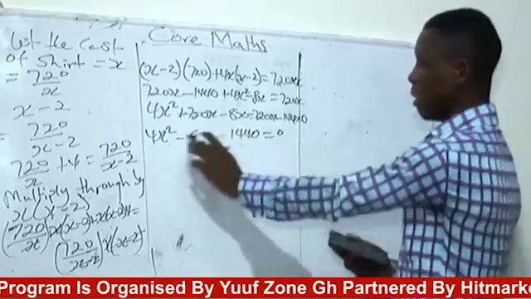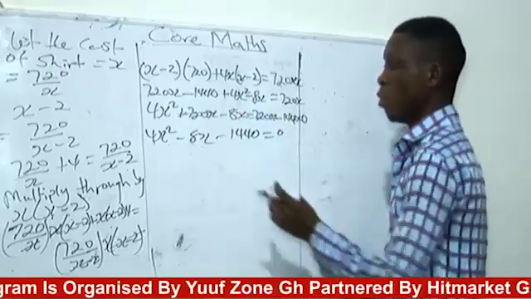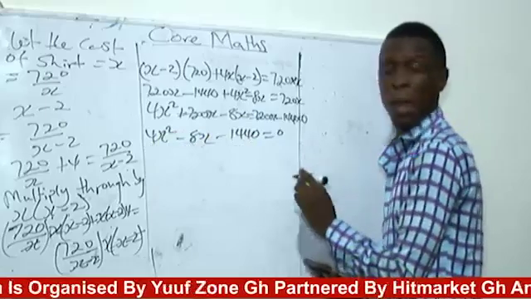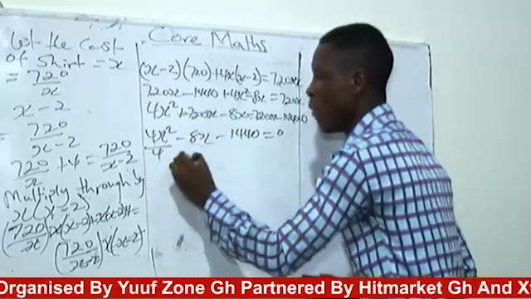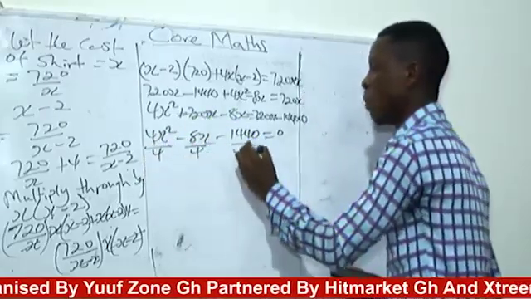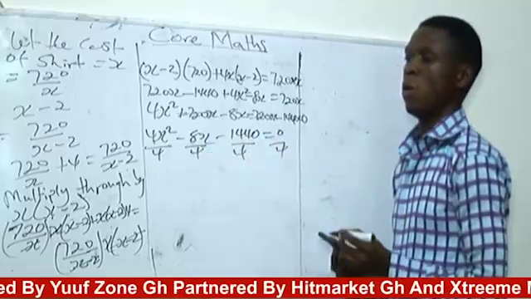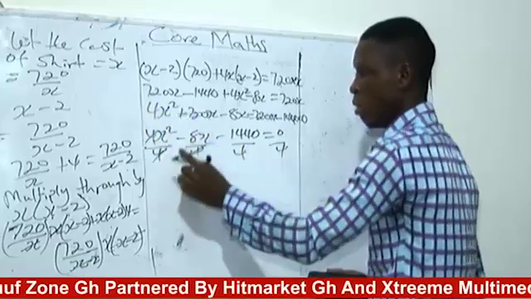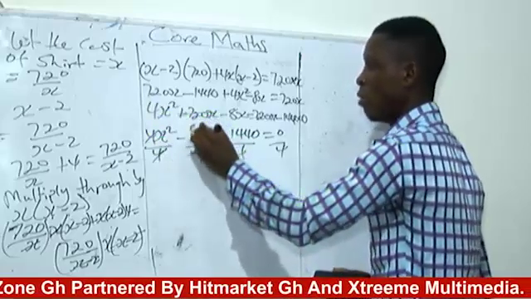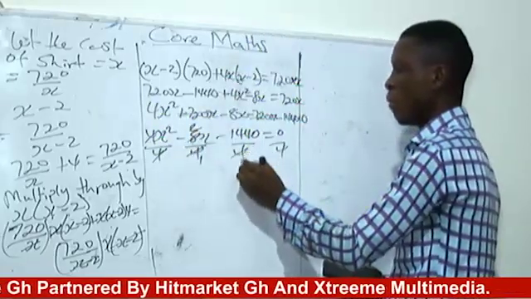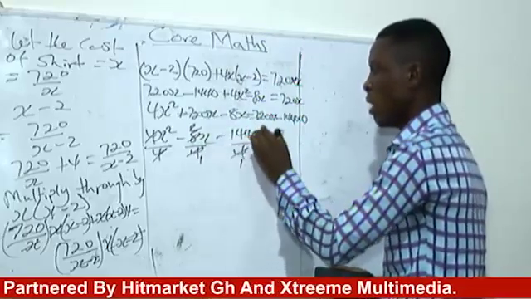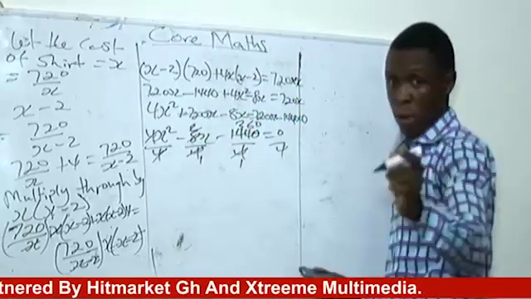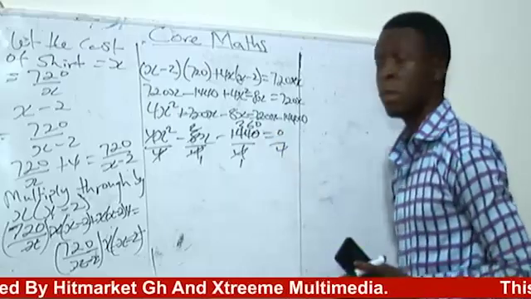Good. Then now, what are we going to do? You can see that 4 is common to all of them here. So we divide through by 4. Here also by 4, here also by 4, here also by 4. Here, 4 going to itself is 1. So here, 1, then 2. Then 4 going to itself 1. And it will go into this 360, when you do that on your calculator, you should be getting 360.